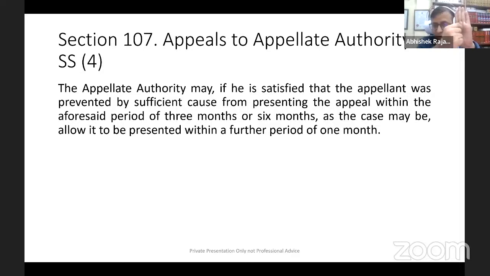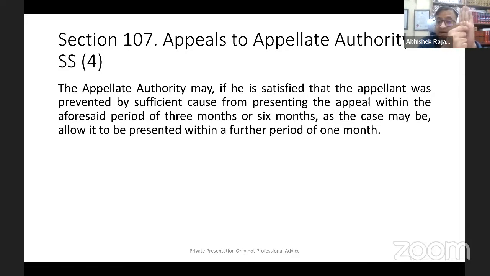Let's say the order was passed on 30th September. So the appeal was to be filed October, November, December. So we will write 3 months. Let's say we have written that the appeal should have been filed by 31st December 2023. The actual appeal has been filed on, let's say, 5th of January.